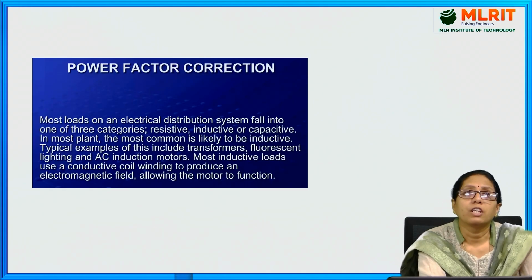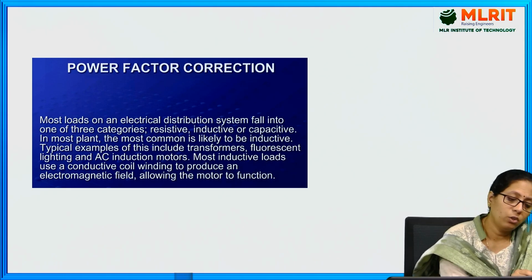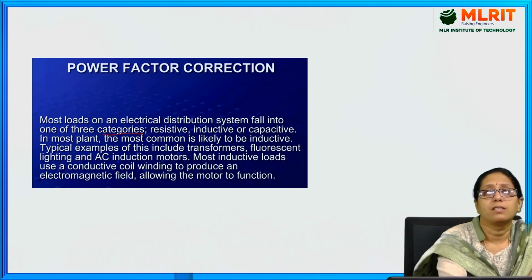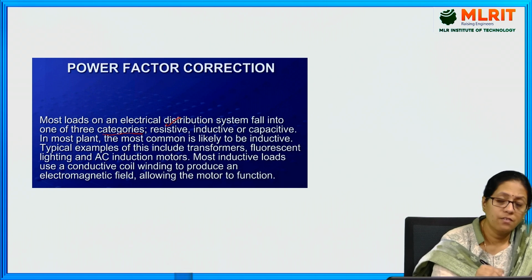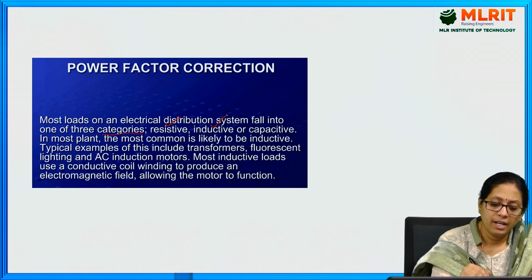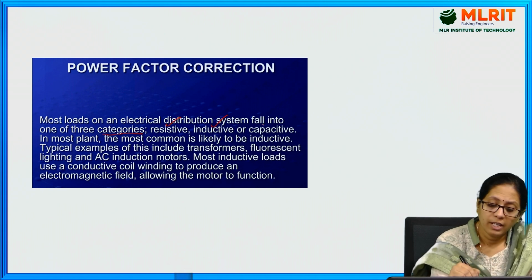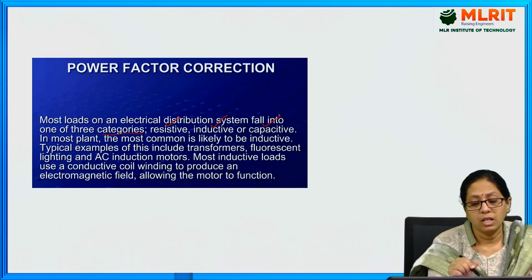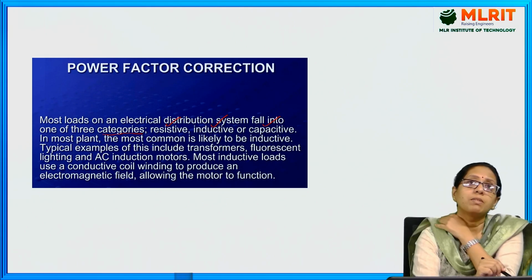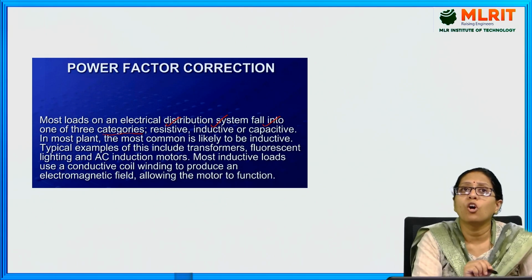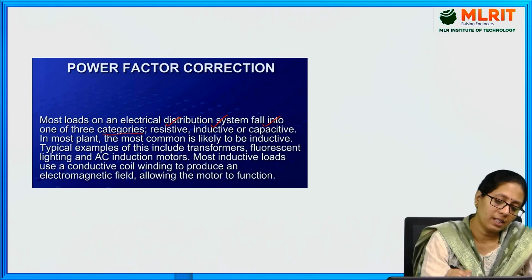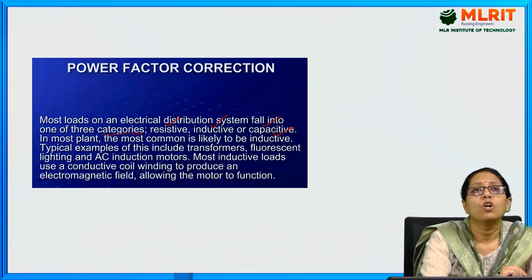Power factor correction: as I said, most loads fall into one of 3 categories, that is resistive load, inductive load or capacitive load. In most plants, the most common load is the inductive load.